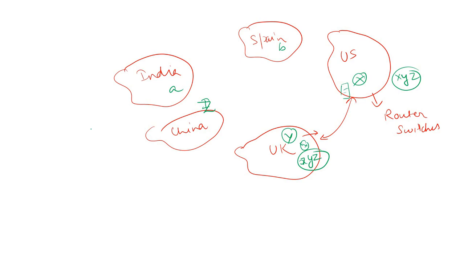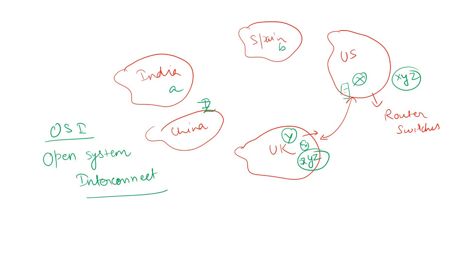To solve this, they introduced the OSI model. OSI stands for Open System Interconnection. This was a standardization body. They provided standards for how everybody should produce their equipment so they would be able to communicate with each other.